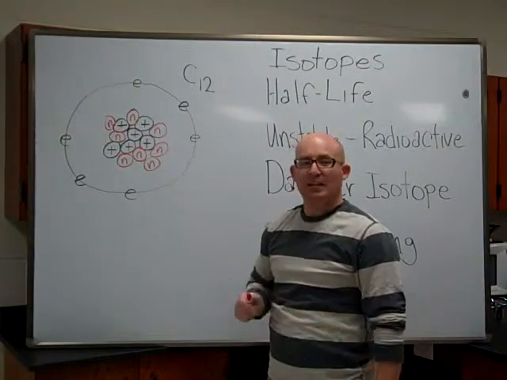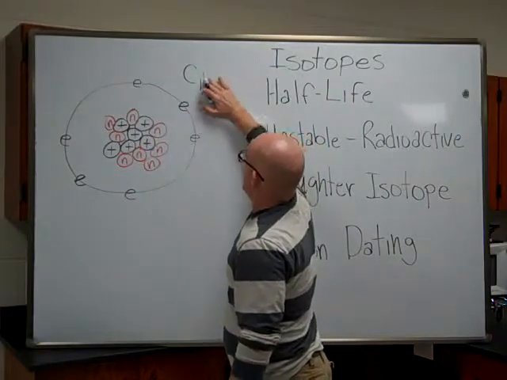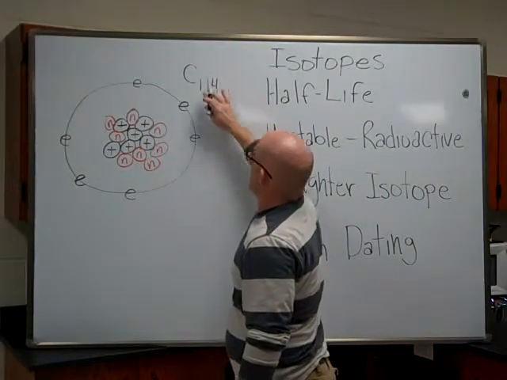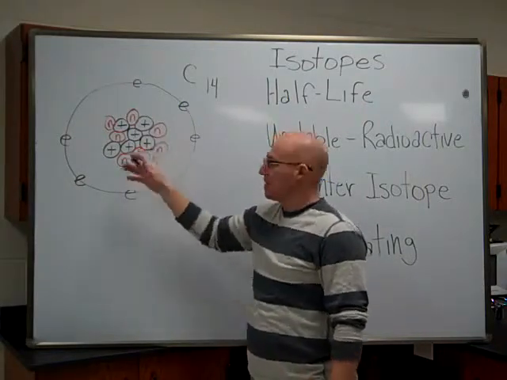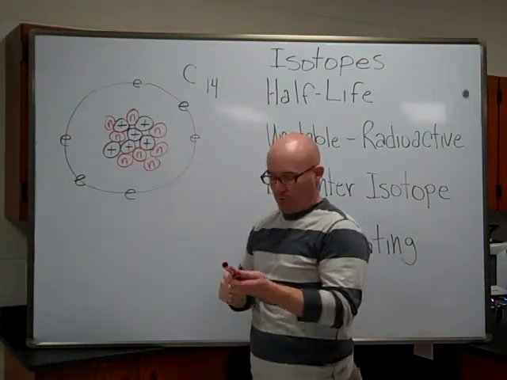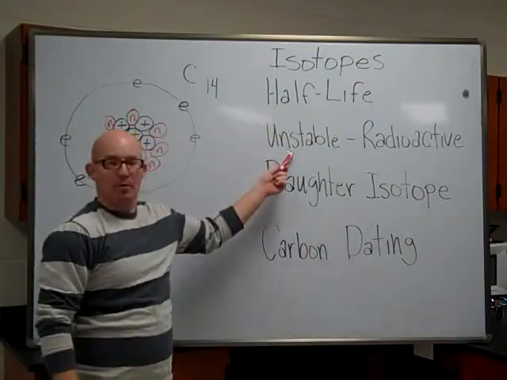That's a big deal. 2 extra neutrons makes this carbon-14. It has 6 protons, 8 neutrons, carbon-14. Carbon-14 is unstable.